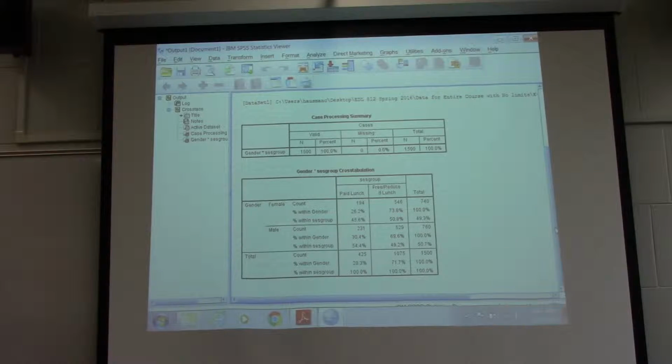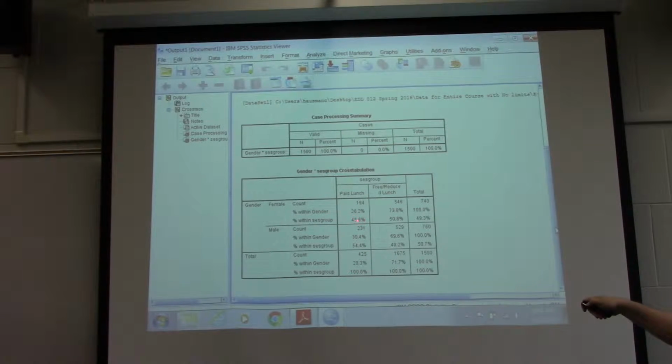The trickier numbers to read here are these percentages. You need to realize the difference between what's called a row percentage and a column percentage. The percent within gender, in this case, is called a row percentage because across from gender, the two options add up to 100. So the top number, percent within gender, the row will add up to 100. For the bottom number in each cell, the column adds up to 100.